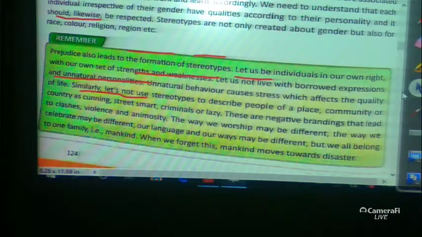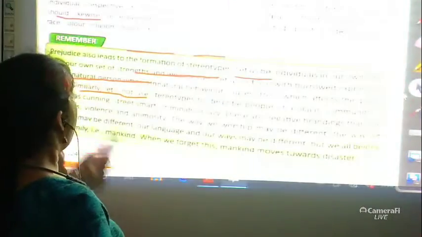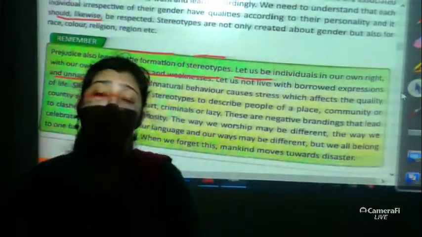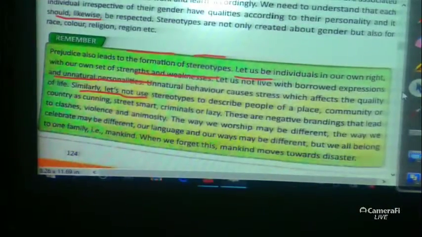Let us not live with borrowed expressions and unnatural personalities. Unnatural behavior causes stress, which affects the quality of life.